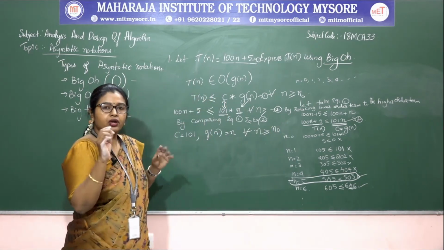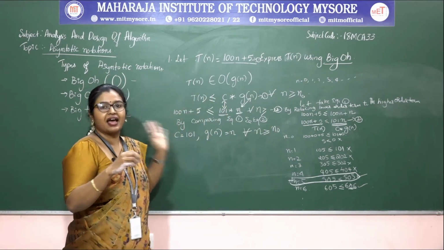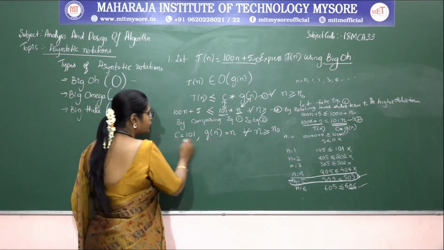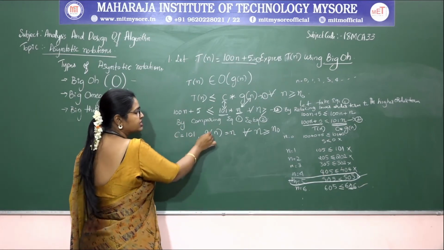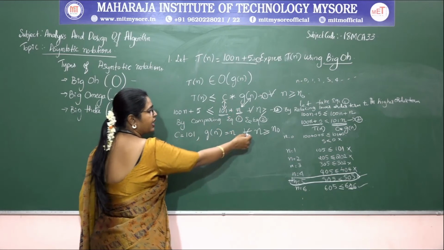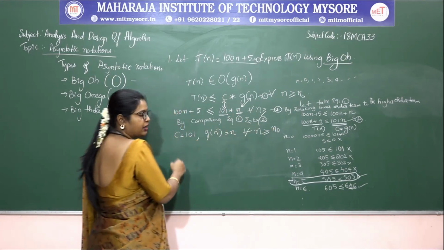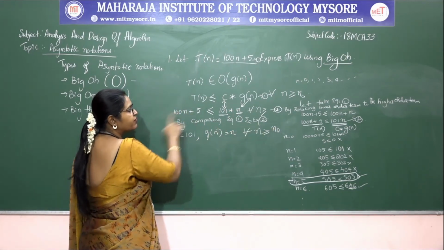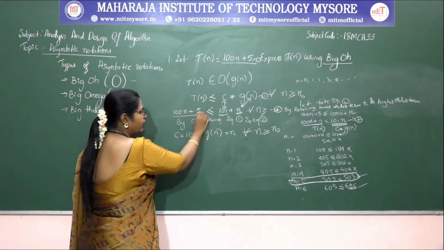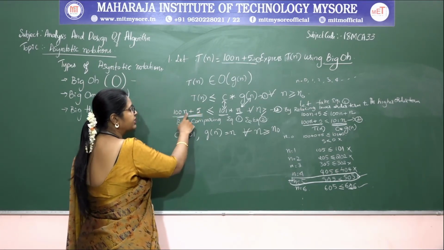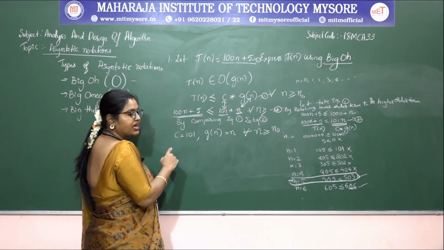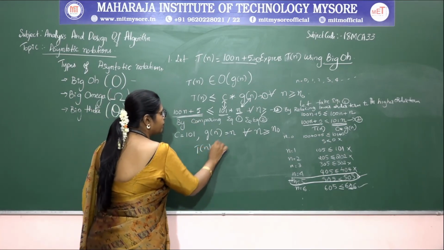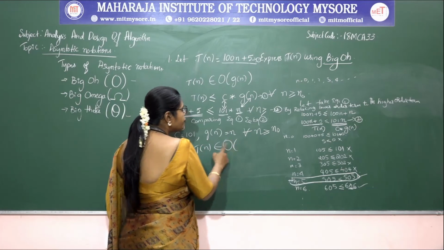So in order to remove your confusion, let me draw the graph itself. Now C is equal to 101, G is equal to n, for all n greater than or equal to n naught. What is your T of n? 100n plus 5. So for the given equation 100n plus 5, we can say T of n belongs to big O of G of n.